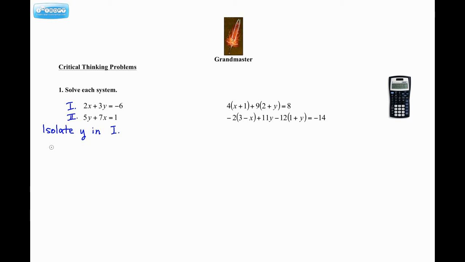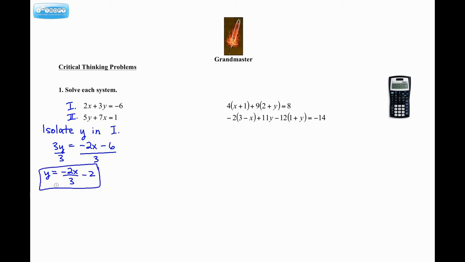All right, so this gives me 3y equals negative 2x minus 6. And then I'll divide out everything by 3. So that gives me y equals negative 2x over 3 minus 2. So that is equation 1 with y isolated.